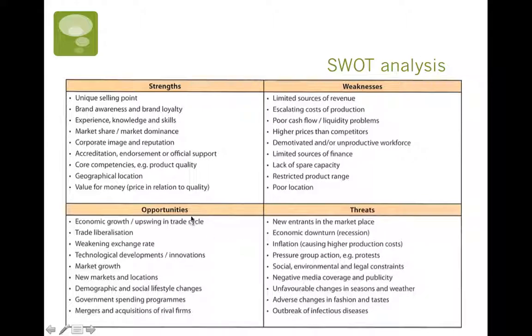It's important to note that with opportunities and threats, the business has no control over these, but they can take advantage of the opportunities and they can put strategies in place to try and avoid the threats. So the SWOT analysis is looking at the business's objectives from a current perspective. This is an analysis used to analyse where the business is today.